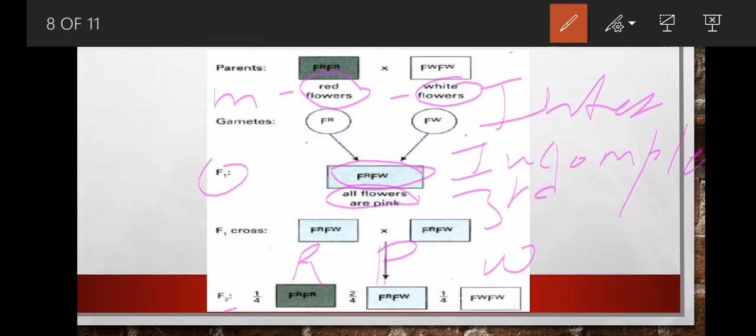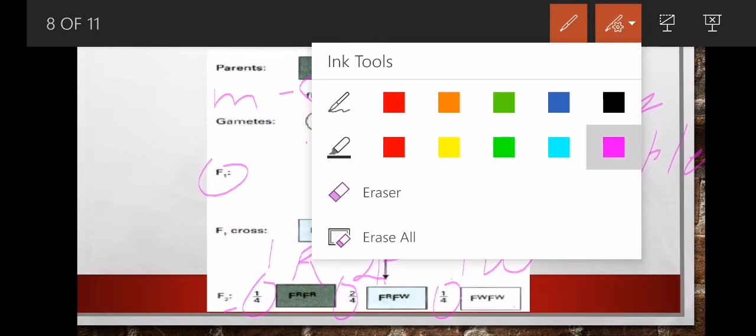How many red? 1. How many pink? 2. How many white? 1. What is the phenotypic ratio? 1:2:1. Simple. I hope you get it.